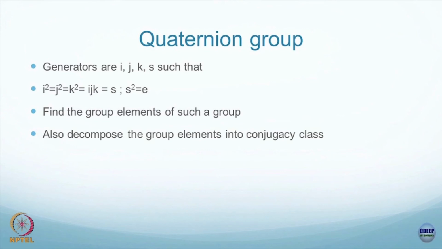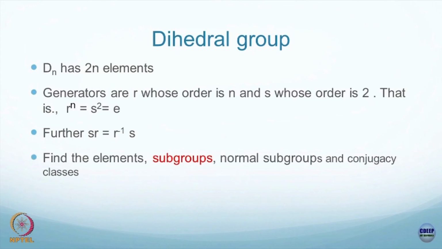I have asked you to find the group elements of such a group, those are generators, and decompose the group elements into conjugacy classes. Take it as an exercise and try to find the conjugacy classes here.